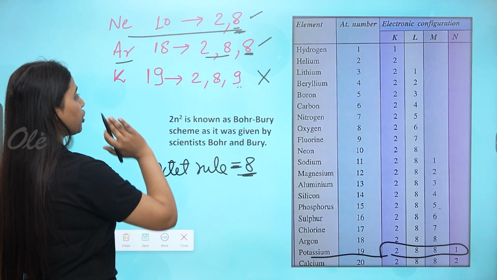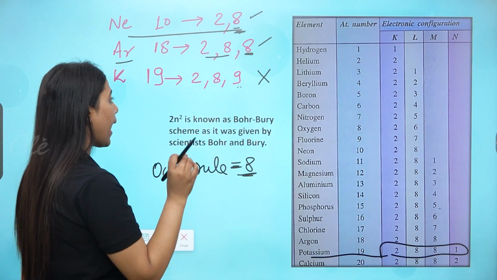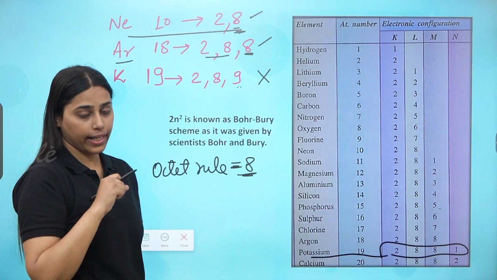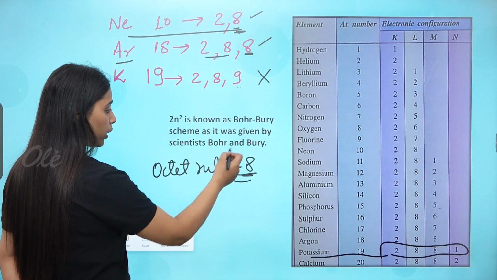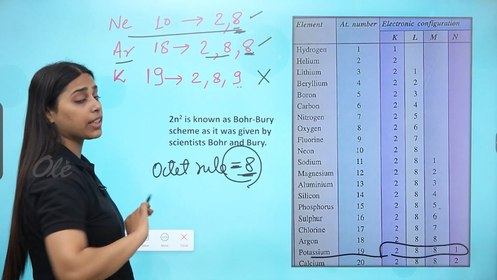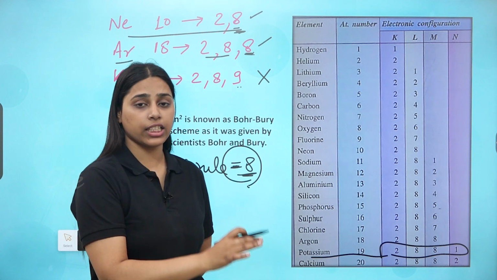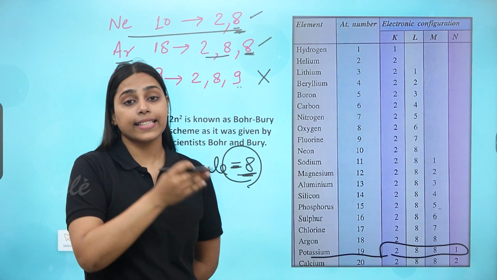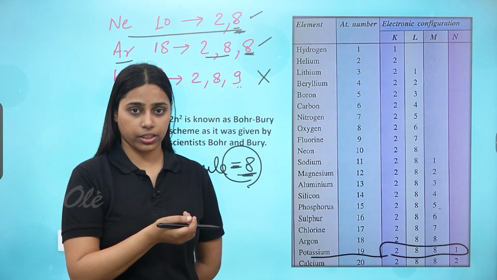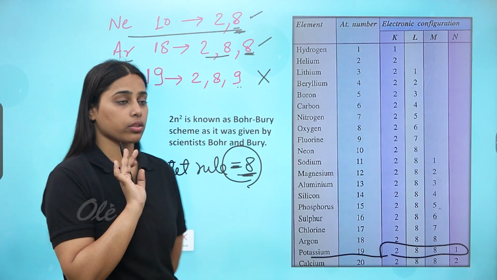But when we reach potassium, potassium is not a noble gas. So you cannot end the element with more than 8 electrons. This octet rule states that you can end with 8 for noble gases but not for potassium because it is not a noble gas. So instead of putting 8 electrons in the last shell, in the second last shell, that is the shell just before the valence shell, there you can put 8 electrons.